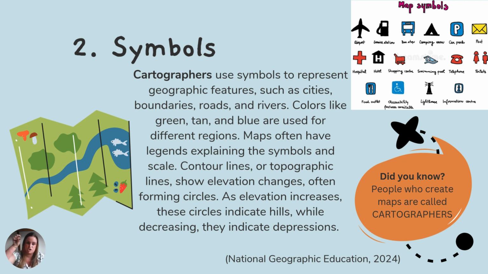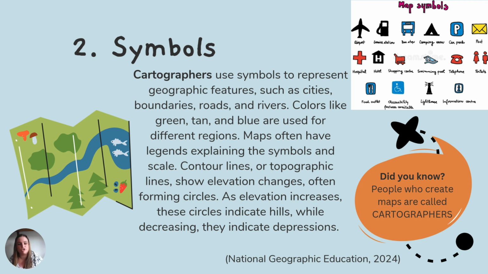Then it will maybe show a petrol tank, and then it will say petrol station. Or it will show maybe like a little envelope, and then it will say the post office. And the red cross you get for the hospital, then it would say the hospital. So basically, the legend is a little box with our key to our symbols.